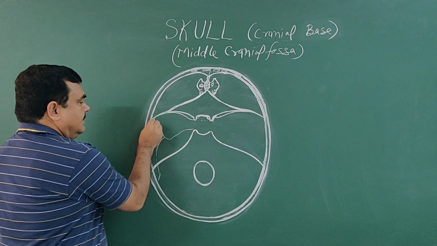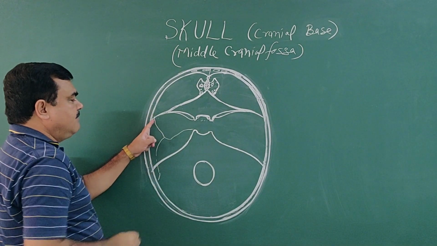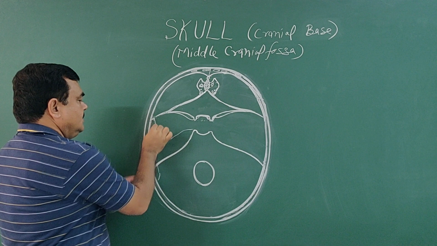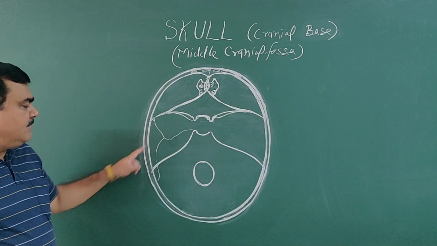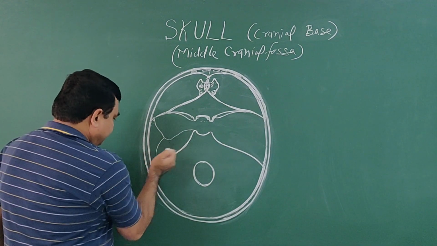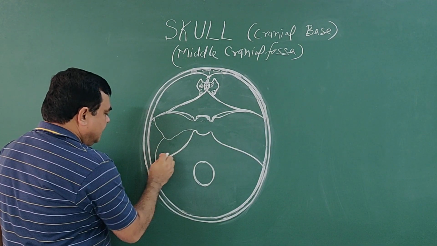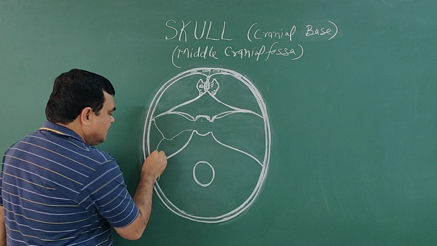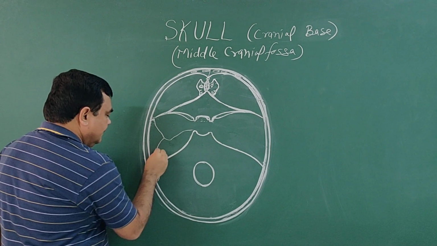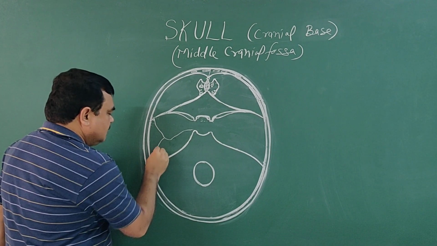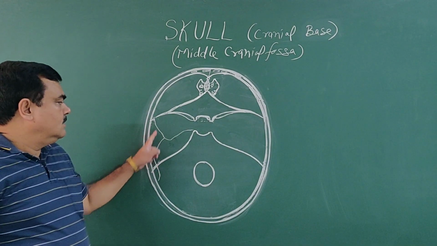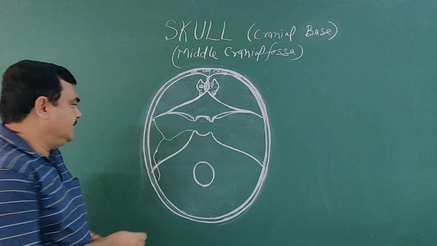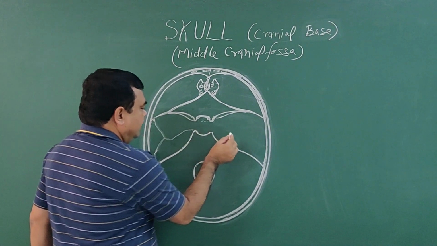So laterally, here is some part of the sphenoid, and this part is the parietal bone, and here some part of this flat part is the squamous part of the temporal bone. So this forms the lateral boundary.